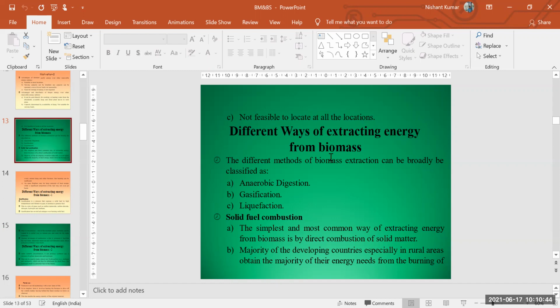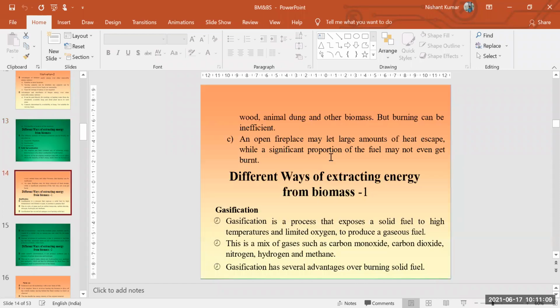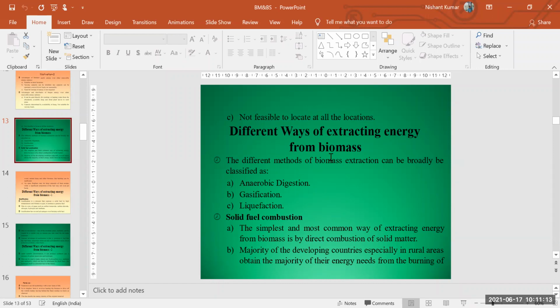These anaerobic digestion and gasification and liquefaction come in a particular segment, only in smaller unit segments. It does not come in character wise. You could see that in that class. Gasification, we'll see for this and we'll move ahead.